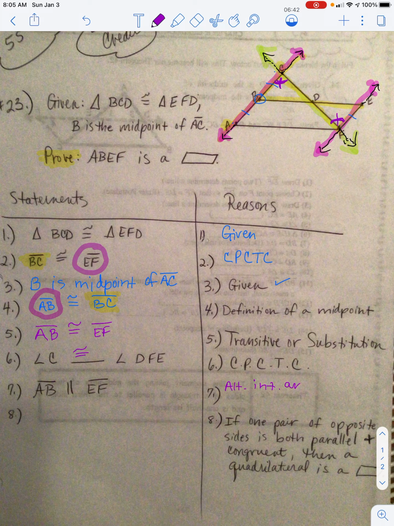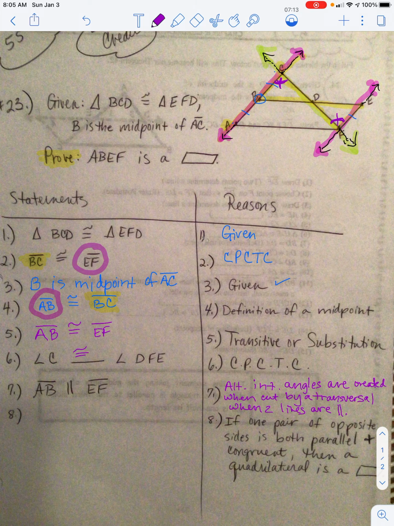So alternate interior angles are created when two lines are cut by a transversal and are parallel, and I'm going to put the parallel symbol right there.